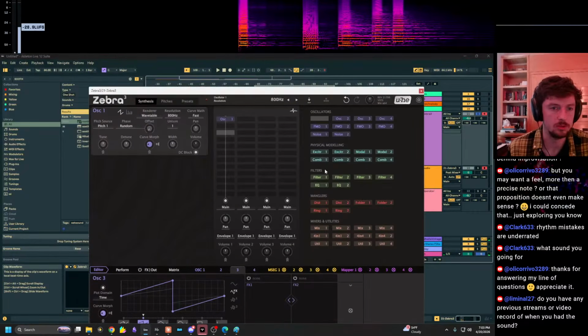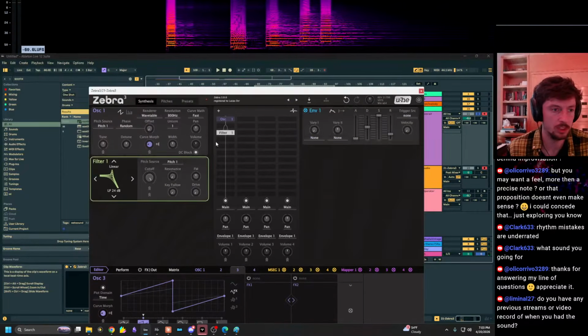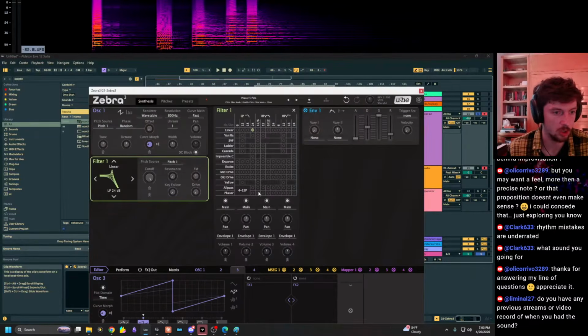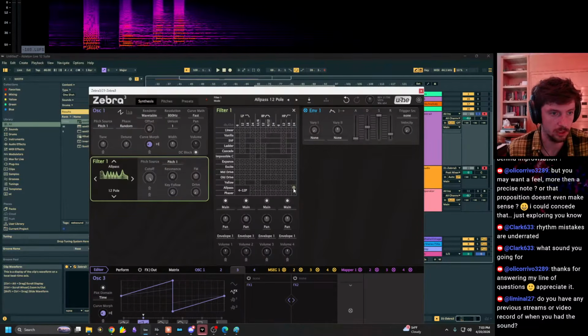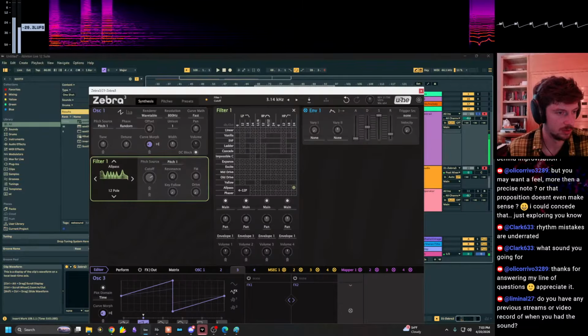What do we want to do? Something with the filter, obviously. You know what we don't mess around with too much? Allpass filters. Let's do a fucking 12-pole allpass.